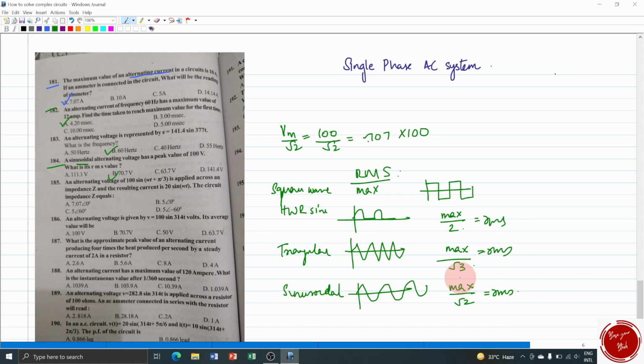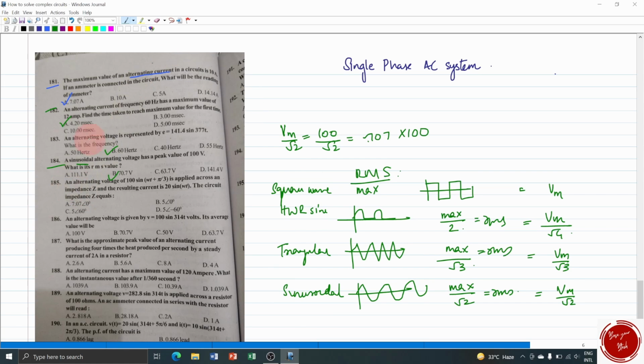Okay, you can memorize it like here it is Vm, the maximum value divided by root 4 which is 2, and for triangular it is Vm by root 3, and for sinusoidal it is Vm by root 2. See, there's a pattern now, root 4, root 3, root 2. So please make thorough with this section.